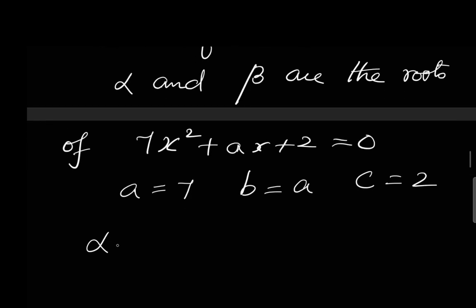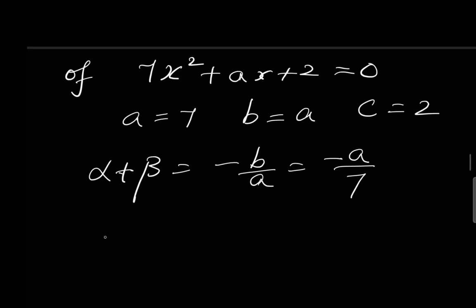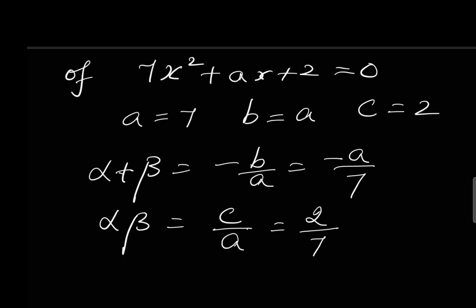Sum of the roots, alpha plus beta, is minus b by a, that is minus a by 7. Product of the roots, alpha beta, is c by a, c is here 2, a is here 7.